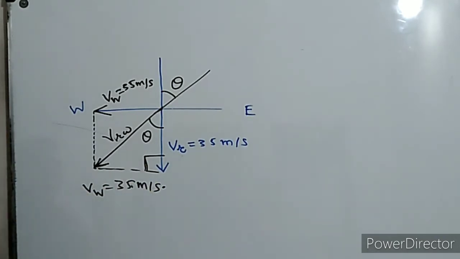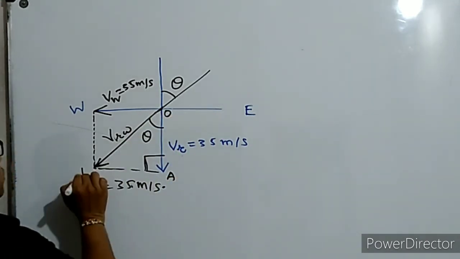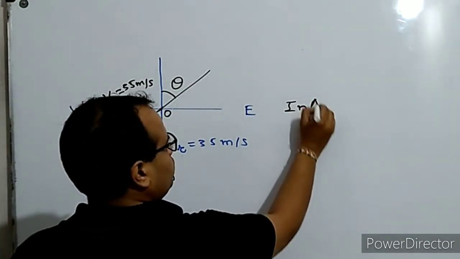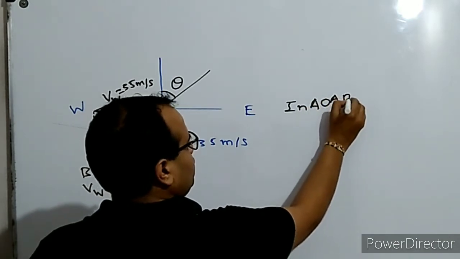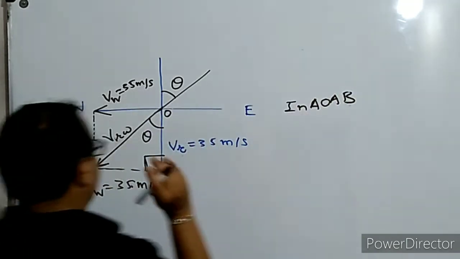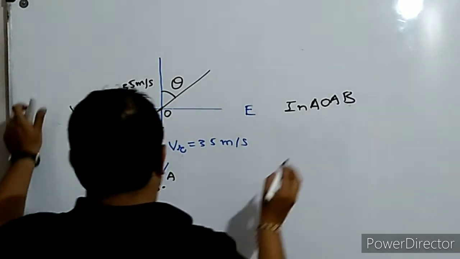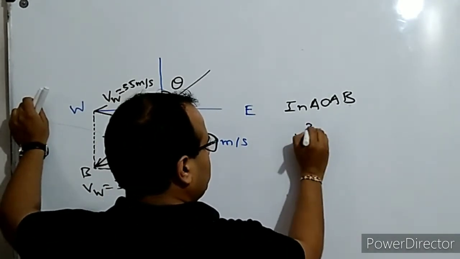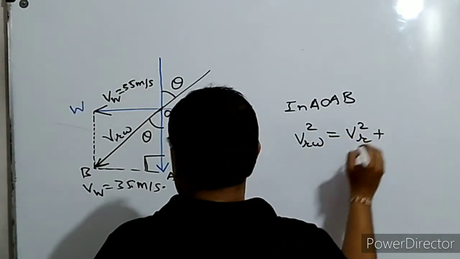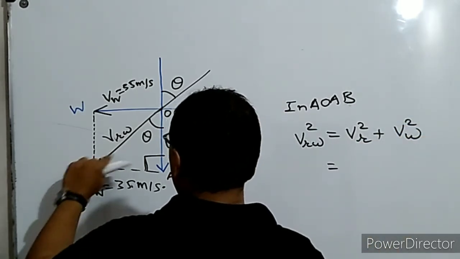Now we just apply the Pythagoras theorem in triangle OAB. You will very easily get OB square equals OA square plus AB square. OB square is VRW square. V square RW equals V square R plus V square W. Now VRW we have to find.